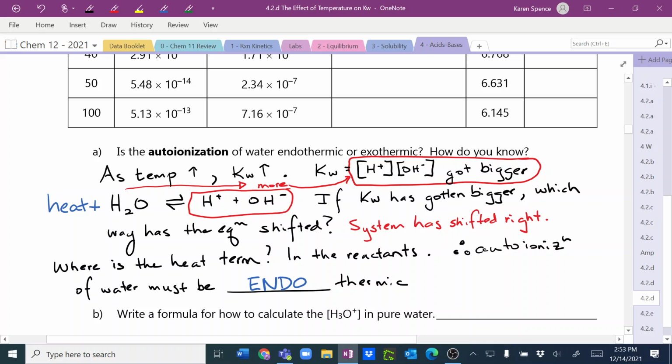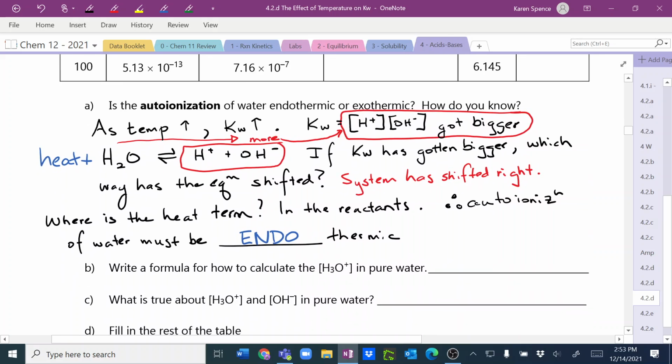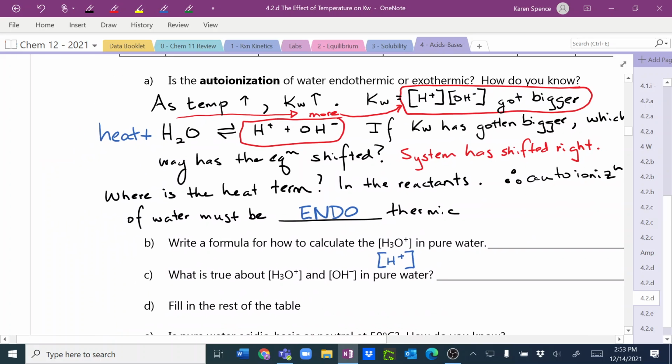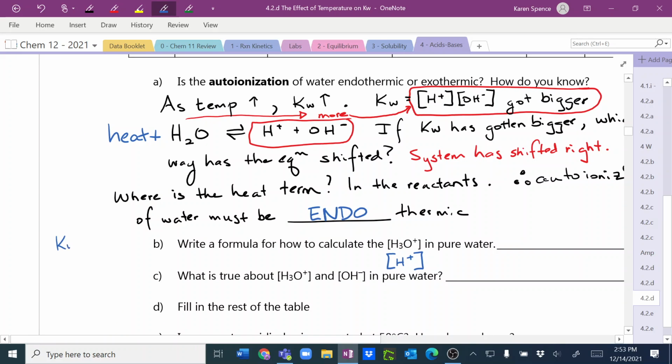Could we write a formula for how to calculate H3O plus? What could I say instead of H3O plus if I wanted to? How could we find the concentration of H in pure water? Okay, so we have H from the equation for Kw. But do we know the concentration of hydroxide?